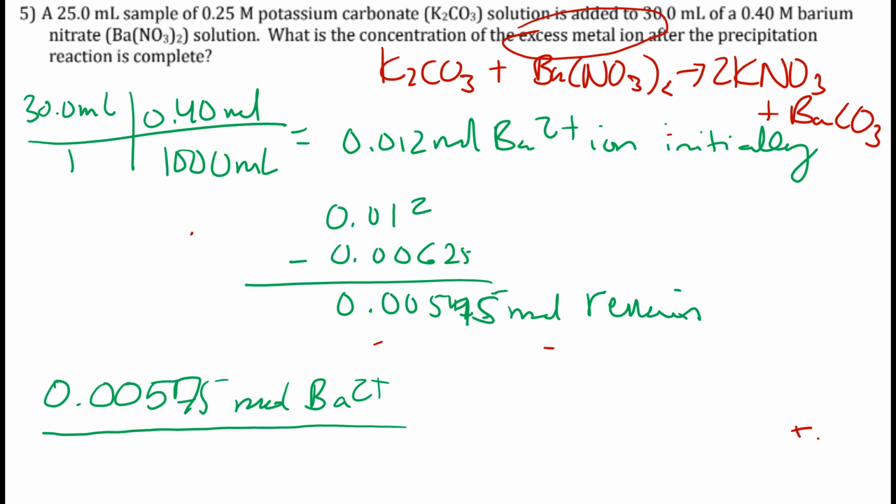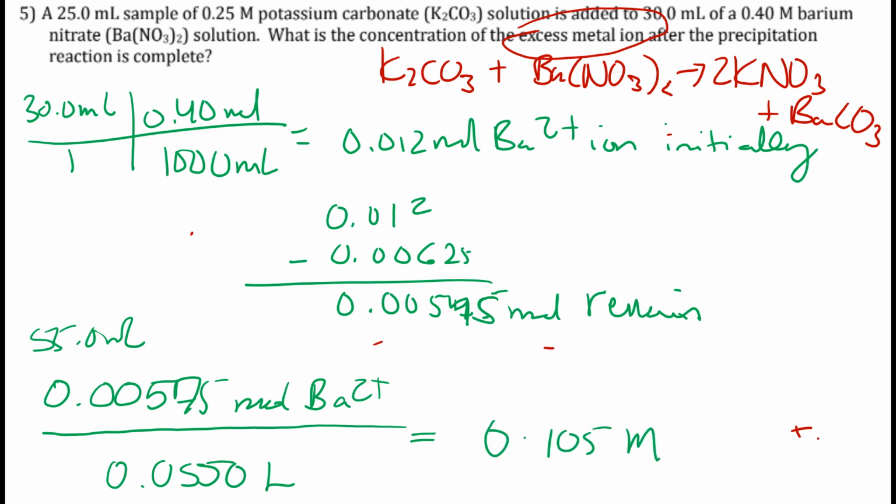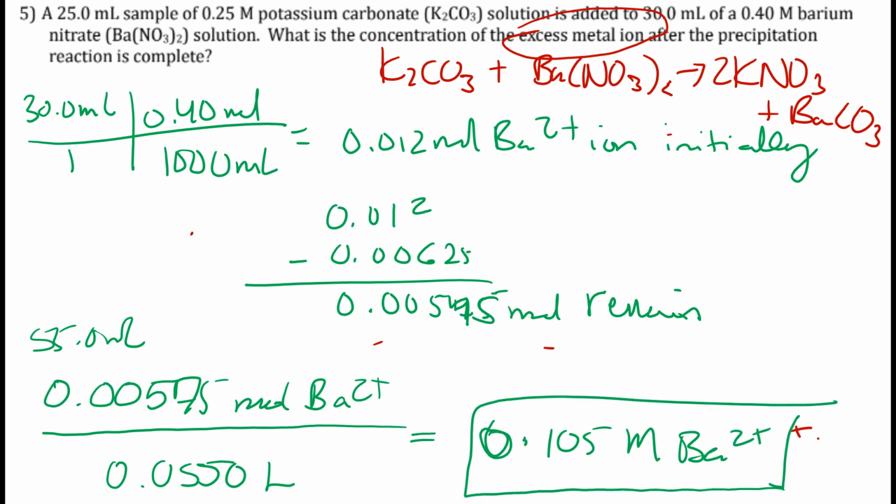So we have 55.0 milliliters. Make that into liters, 3 to the left, right? So 0.0550 liters of solution. Divide the two, and you end up with 0.105 molar concentration of barium ion.